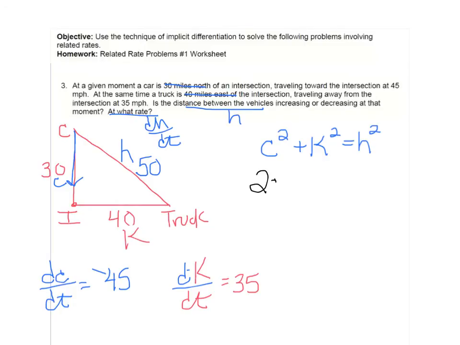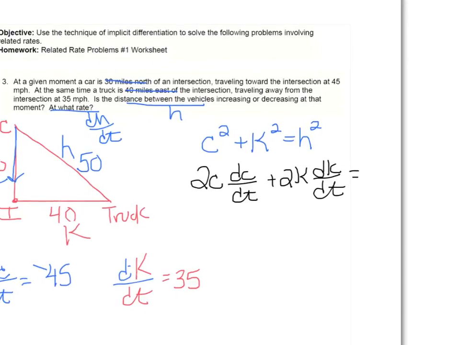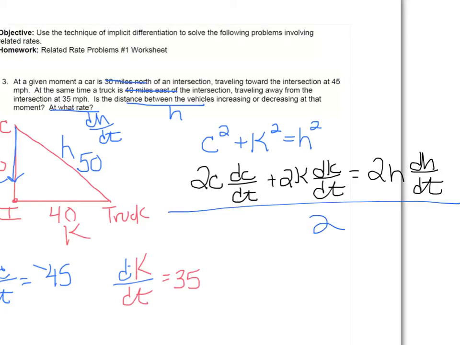So this is going to give me 2c dc/dt plus 2k dk/dt equals 2h dh/dt. Because everything has a 2, I'm going to divide the whole equation by 2. And that's going to leave us with c dc/dt plus k dk/dt equals h dh/dt.